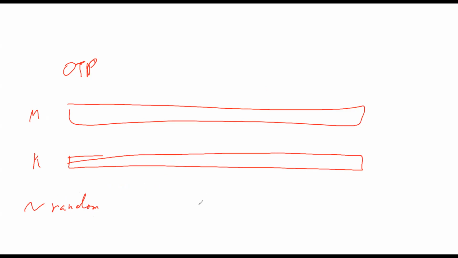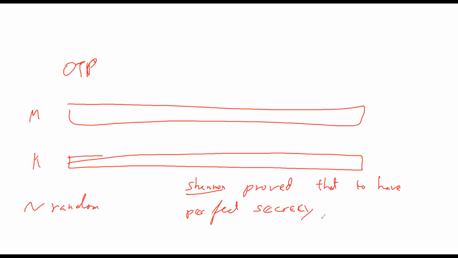So Shannon basically proved that to have perfect secrecy, the key length would have to be greater than or equal to the length of the message.